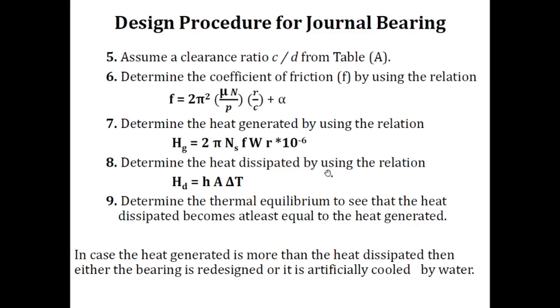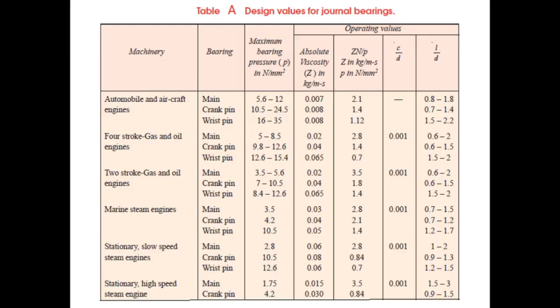So we have seen that your heat generated should be less than the heat dissipated. And if heat generated is more than the heat dissipated, then either your bearing is redesigned or it is artificially cooled. That we already discussed.